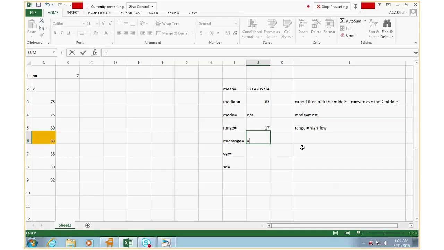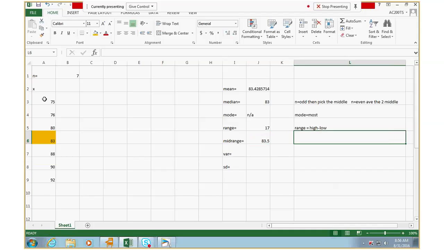Mid-range, parentheses, is equal to the highest plus the lowest divided by what? Divided by 2. The mid-range is pretty important. The mid-range is like the middle of the number line. And remember that when we get to the 5-number summary, so write that down. The mid-range is kind of the middle of the number line.